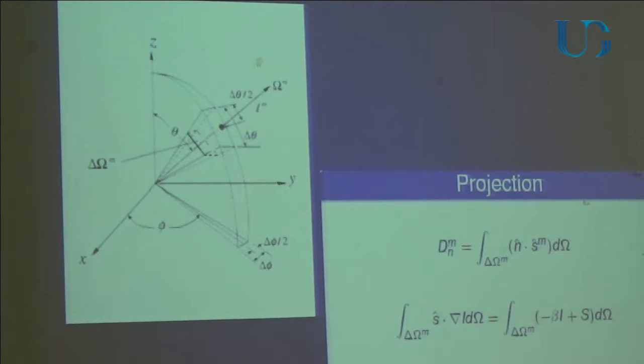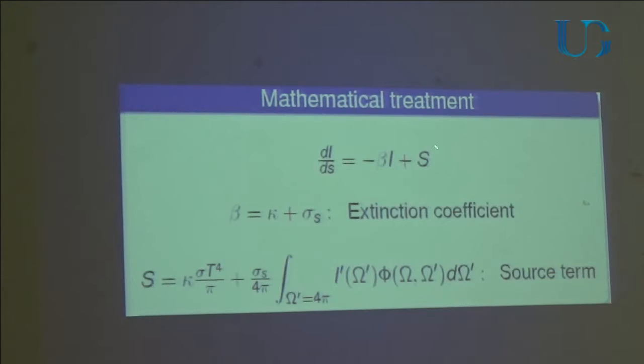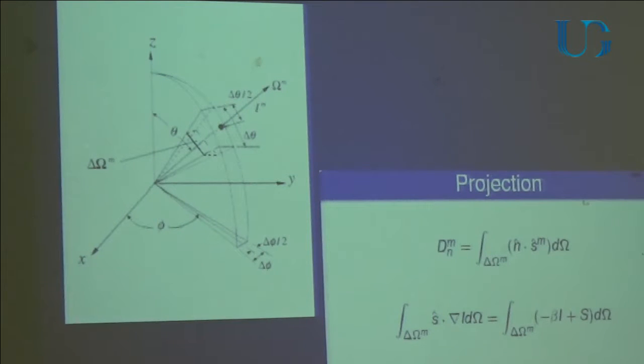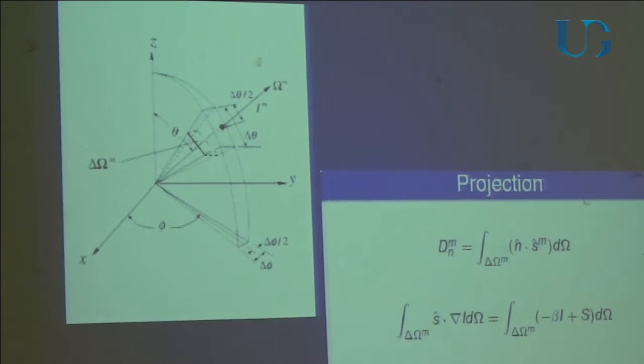Now, as I said, I have to translate it into my X, Y, Z frame of reference, and this is done very simply by geometrical considerations. If I take the projection of the direction with respect to a specific direction, I can write the previous equation not in terms of the direction s, but in terms of the Cartesian directions x1, x2, and x3, which would be x, y, and z, times certain factors.